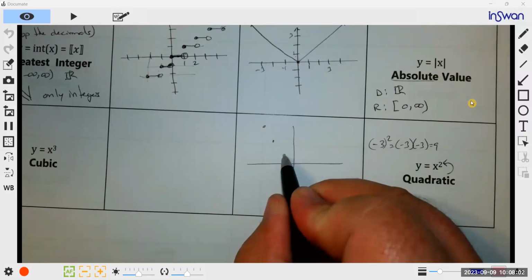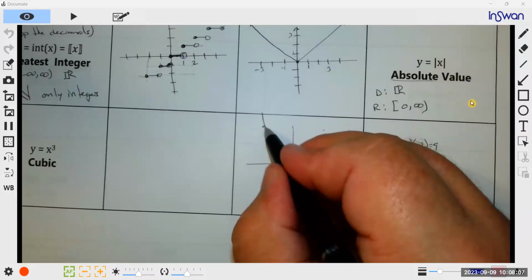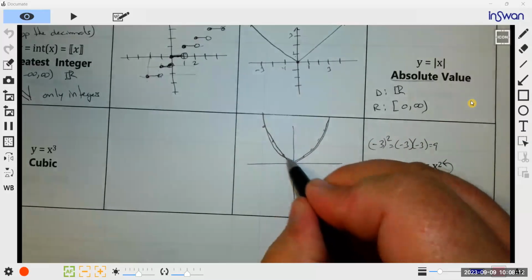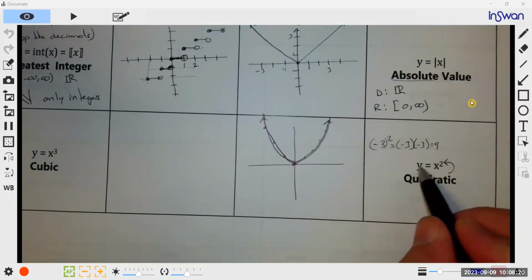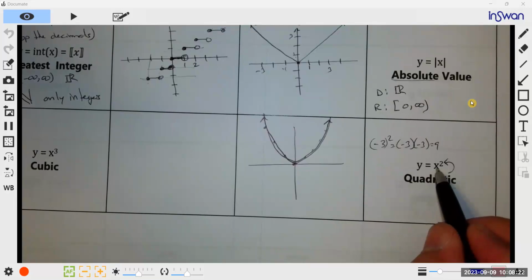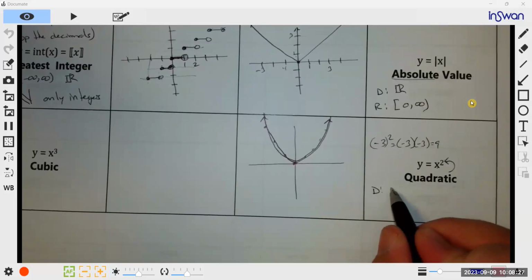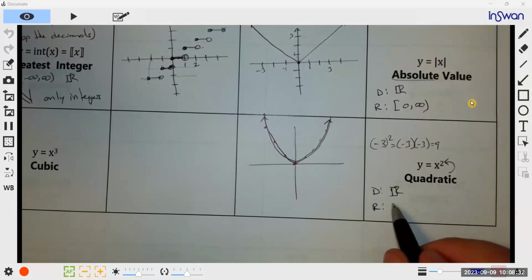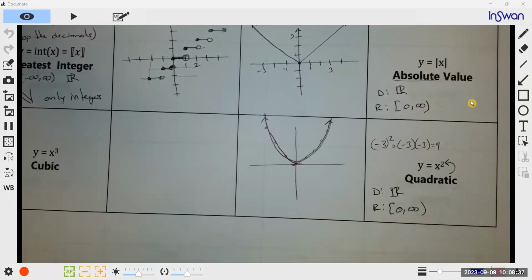If you put negative 1 in there, you get 1, you get 0. It looks like a line, but it's a curve. In other words, the answer y can never be negative. If you put a negative number there and square it, it always becomes positive. So the domain is all real numbers, and the range, the lowest you can go is 0, and then you go up from there.